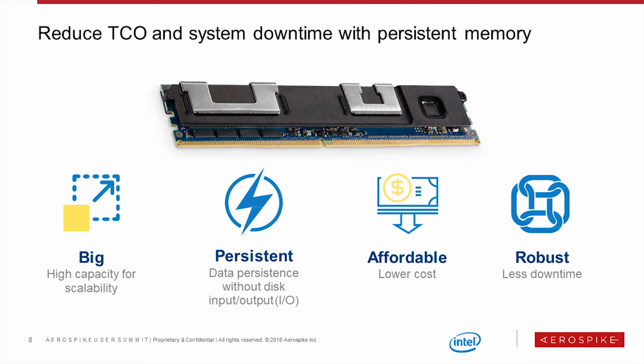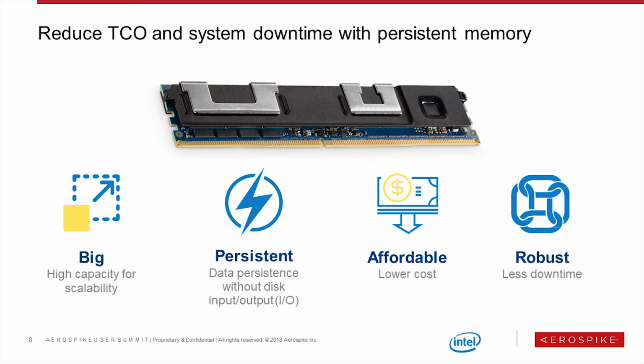In case I haven't hammered the Intel marketing terms enough, this is what you should remember when you think of persistent memory: big, persistent, affordable, and robust. We all know that TCO is really important if you're running thousands of nodes.